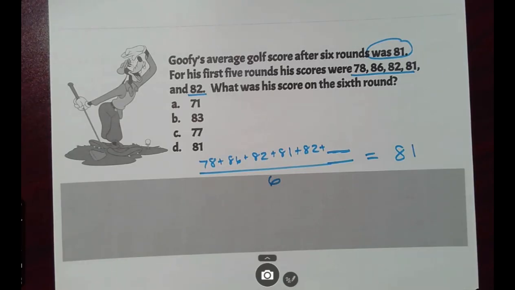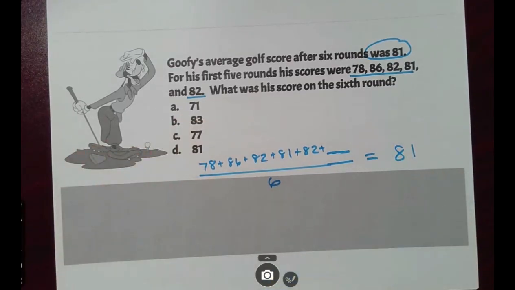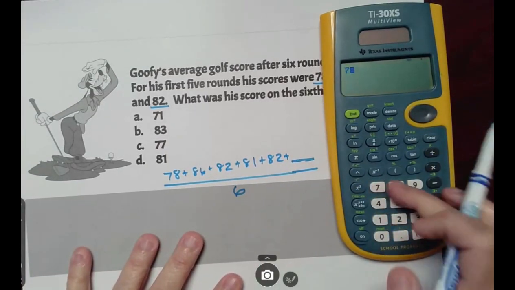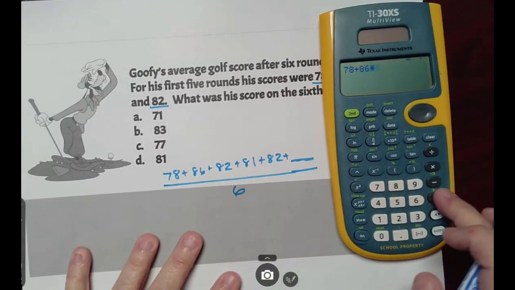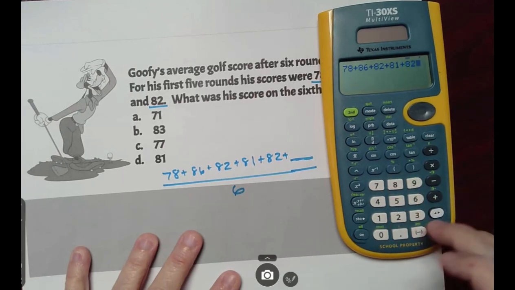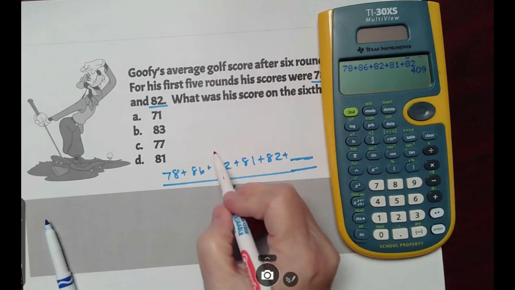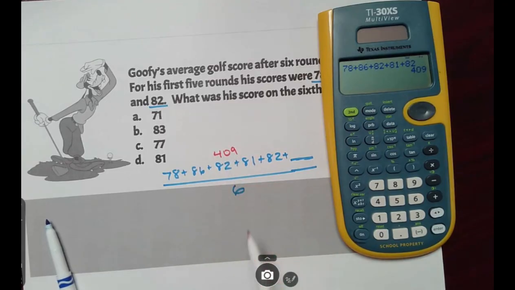As I said, some students will want to just average these 5 numbers, or some will say, oh, well, he has to get an 81. But that's not always the case. So what we're going to do is add these 5 numbers and get a sum of those 5. So 78, 86, 82, 81, and 82. So far he has 409 points in his golf game.